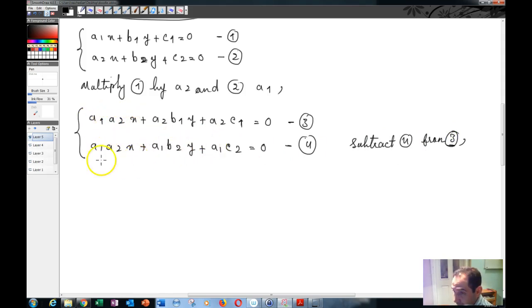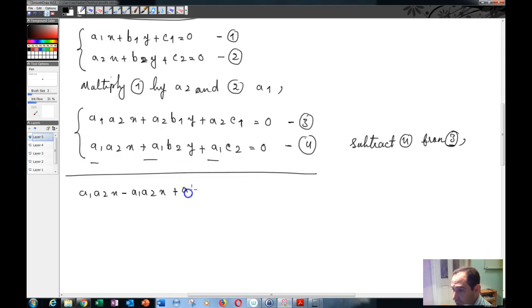So I can take the algebraic opposite of these terms and then add these together. So that would give me a1 a2 times x minus a1 a2 times x plus a2 b1 times y minus a1 b2 times y plus a2 c1 minus a1 c2 is equal to 0.